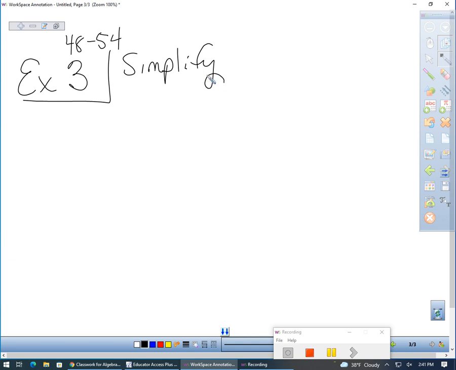So if we are simplifying something as wonderful as, let's say, 64 to the 2/3 times by 64 to the 2/3.